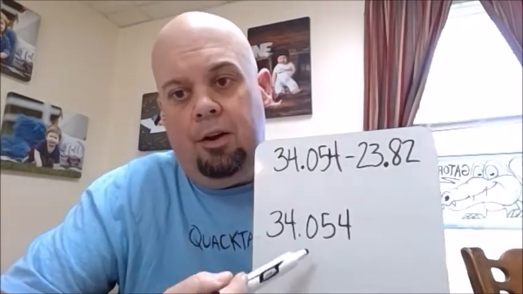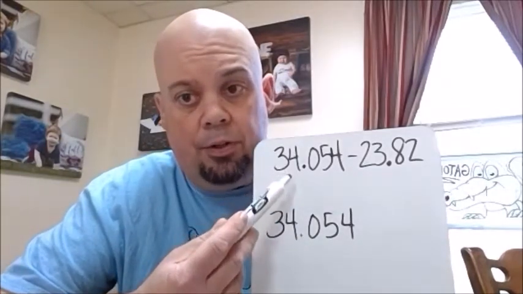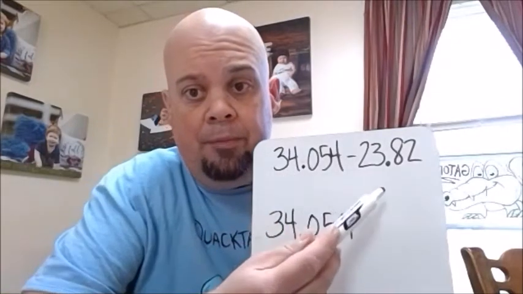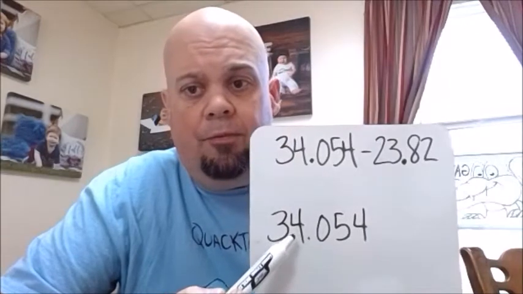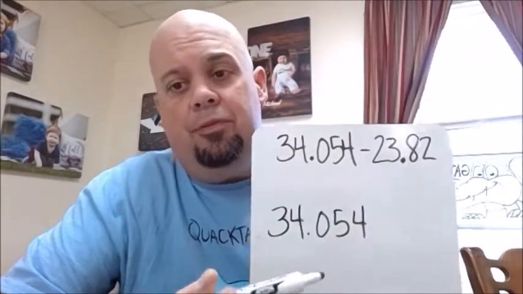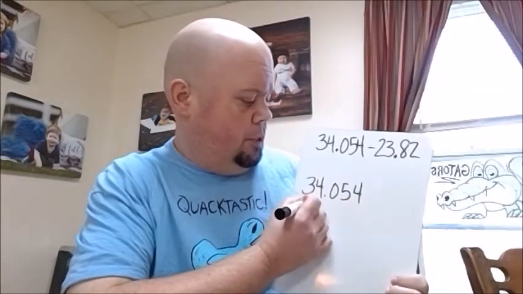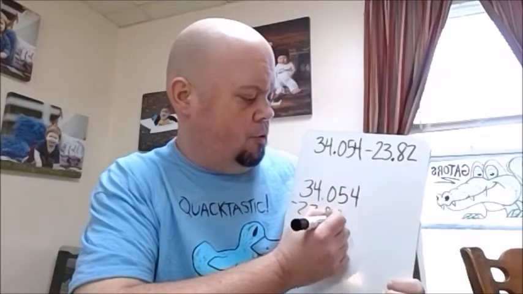So we're going to stack our numbers. We start with the first number on top. Always the first number goes on top, because this is what you're starting with, and this is how much you're taking away. So 34 and 54 thousandths minus 23 and 82 hundredths.